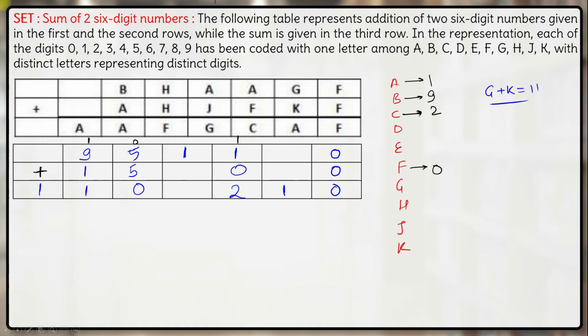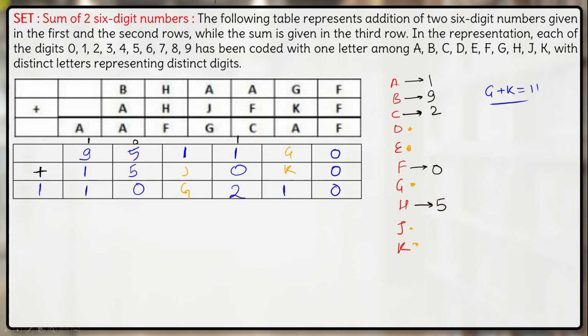The only numbers left now are J, G, K. J, G, K is what we need to figure out. D and E are not mentioned in this table only. So D and E will be figured out only once we have figured out all of these numbers here. Okay. And H also we have figured out. H is equal to 5.